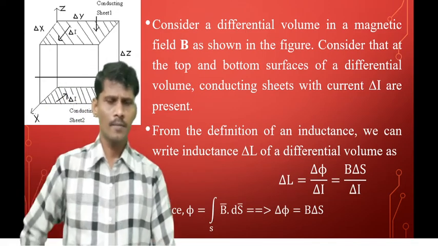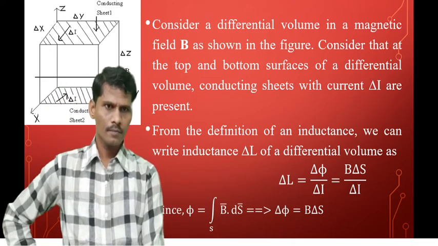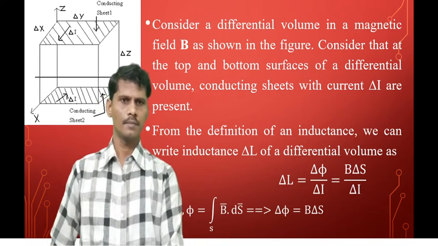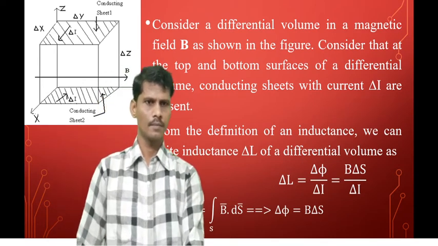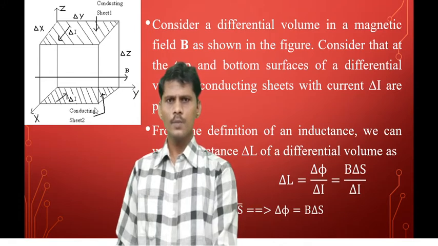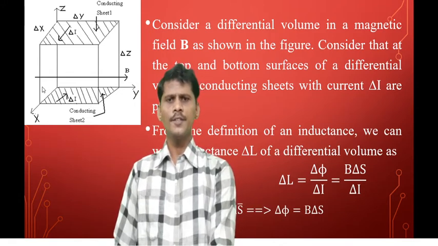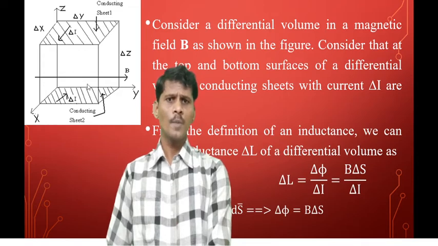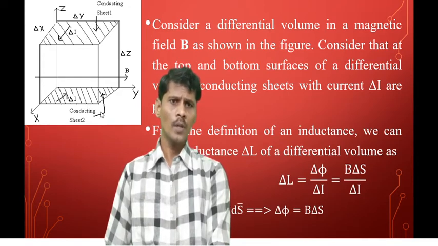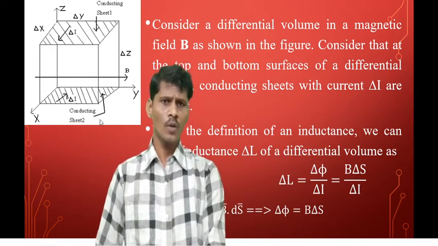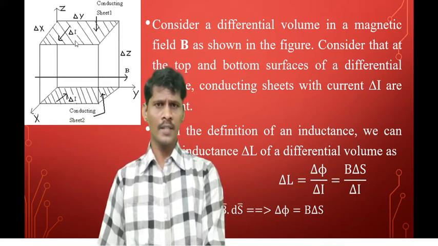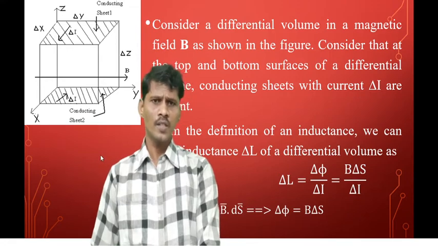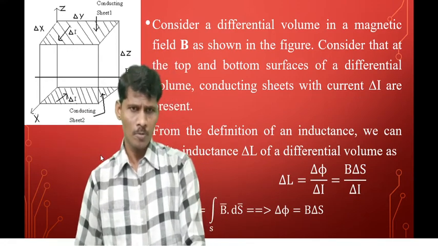In this figure, the magnetic field intensity is flowing in the y direction, and these are the top and bottom surfaces of the differential volume, and the differential volume and current are delta V and delta I. Delta I and delta V are the differential current and differential volume.